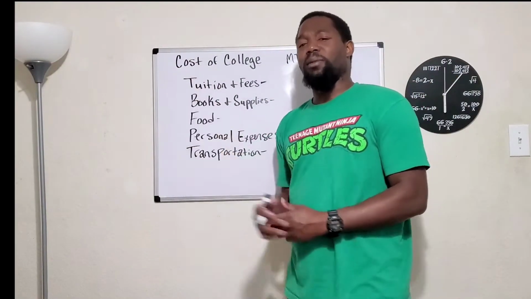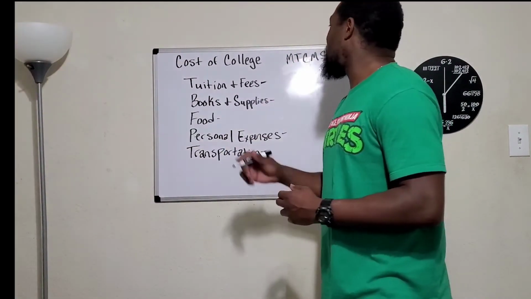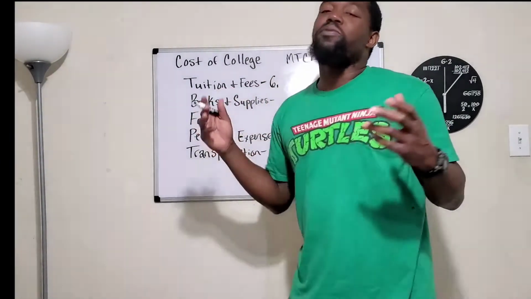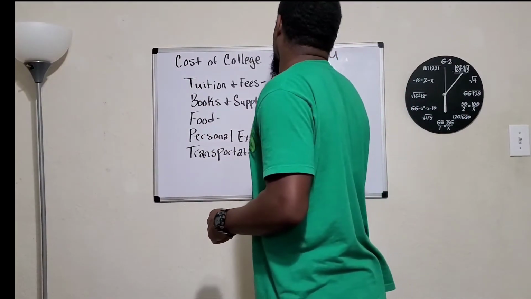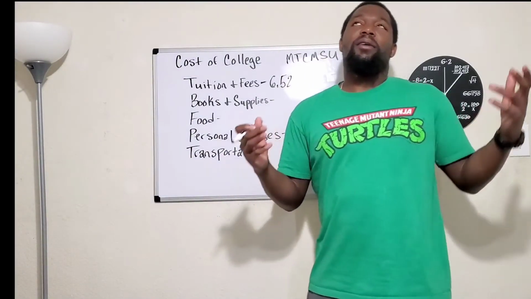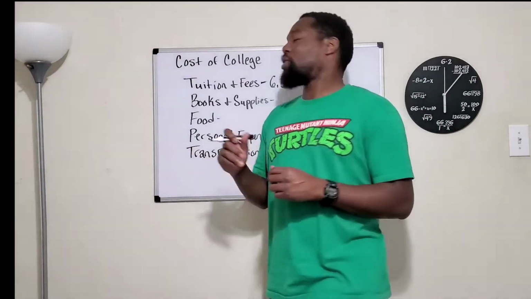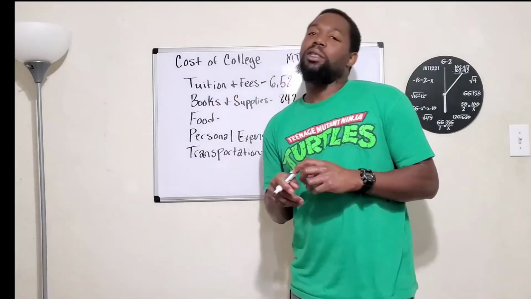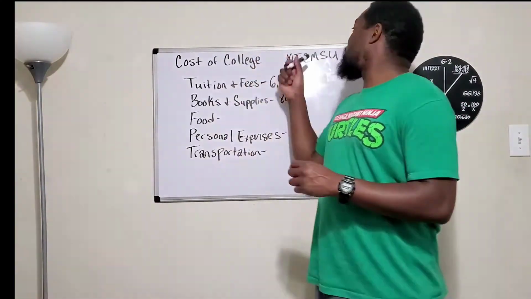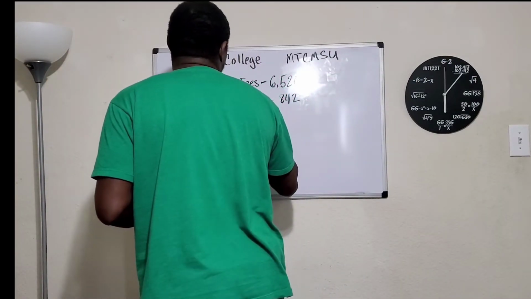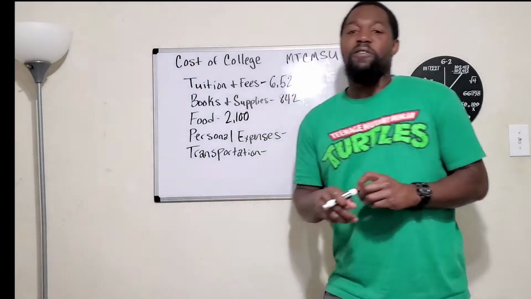The average tuition for a student at Mr. T's College is, let's say, $6,520 for 1 year, right? And our average book cost for our average students is $842. We use the finest of books at MTC-MSU. For food, let's say you spend about $2,100 in a year, and personal expenses $2,000.